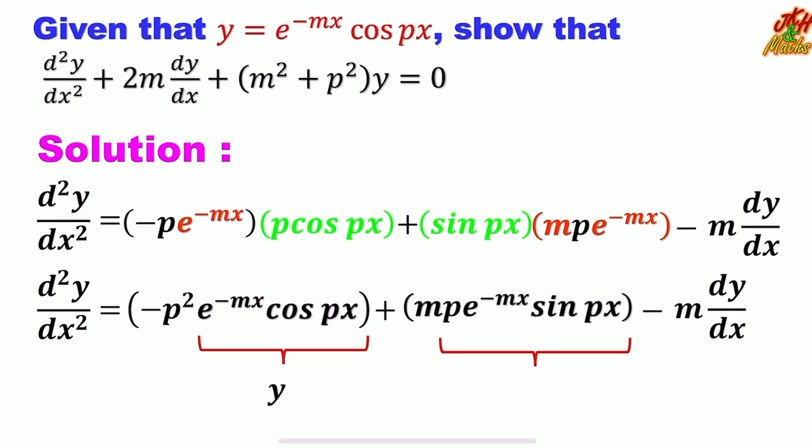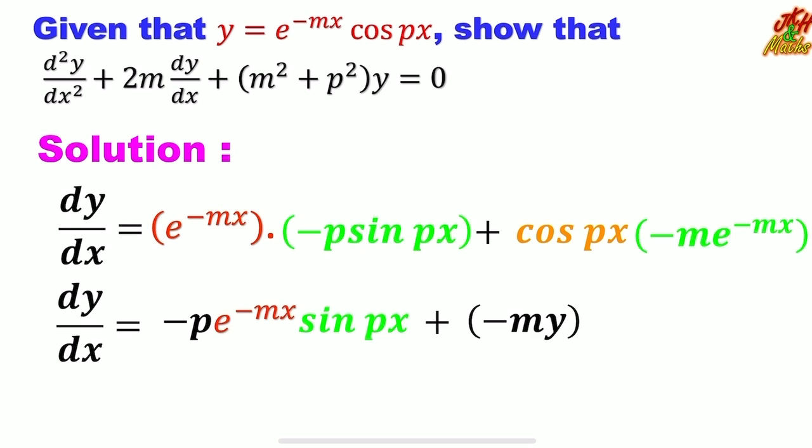For the second term, the term p e raised to the power of negative mx sine px, it is actually equal to something that we can find from our previous solution, where we found that dy/dx is equal to negative p e raised to the power of negative mx sine px plus negative my.